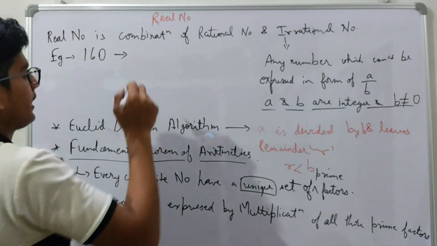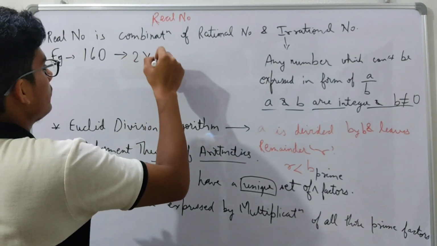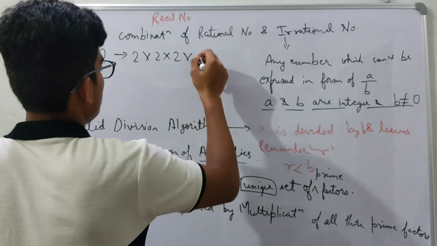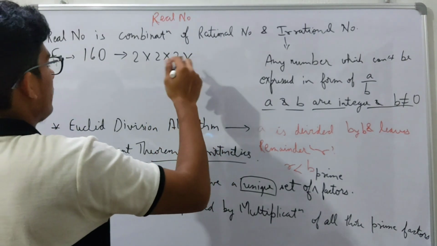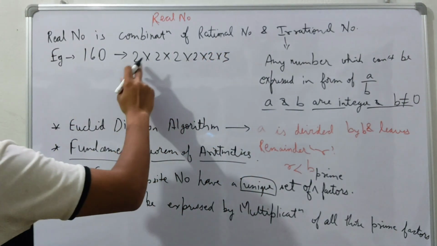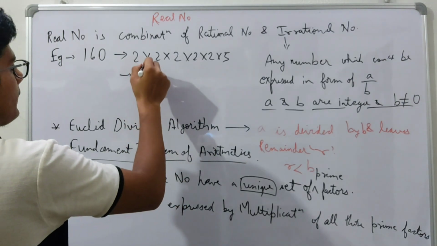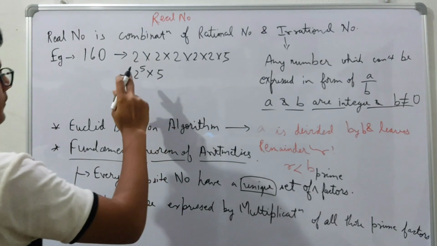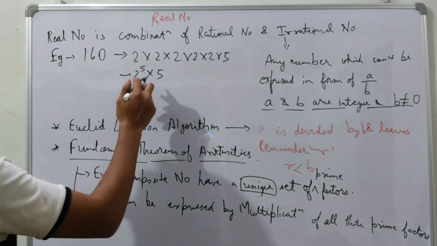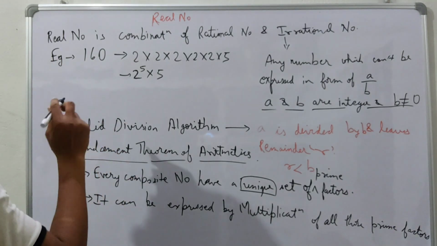After factorization, it can be written as 2 into 2 into 2 into 2 into 2 into 5. So 2 to the power 5 into 5 is 160.